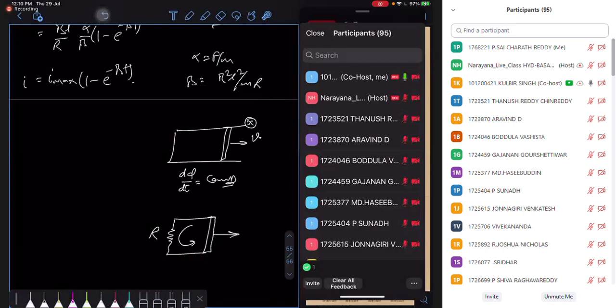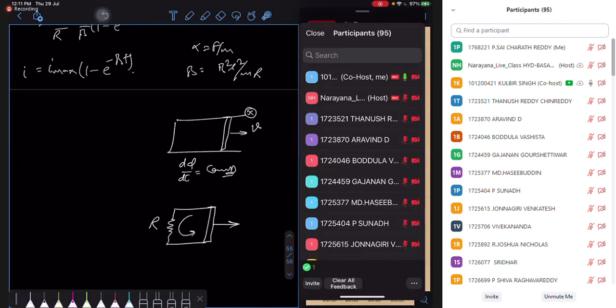Now this is almost similar to this situation. Let's say a ball is released. Nature tries to keep the momentum conserved. That's the nature property, right? Nature always prefers momentum conserved. But in this case, friction is also there. Gravity is also there.